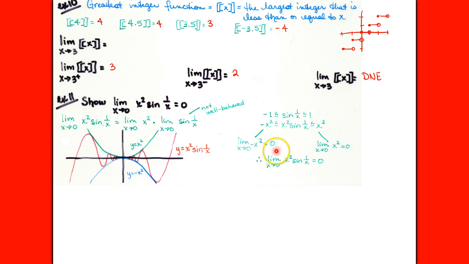It's well behaved. So if this limit at this point right here is 0, and this limit at this point right here is 0, by the squeeze theorem, since the red function is in between the blue and the green, its limit at that point has to be 0 as well. So it would give me a way to evaluate a limit that I might not have otherwise.